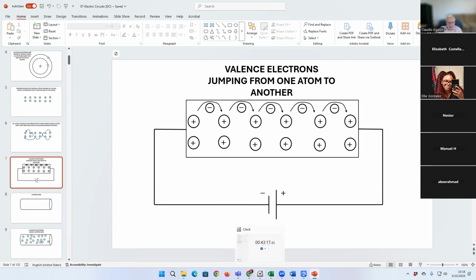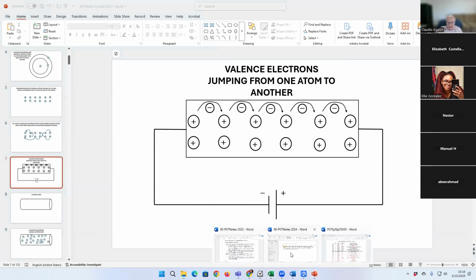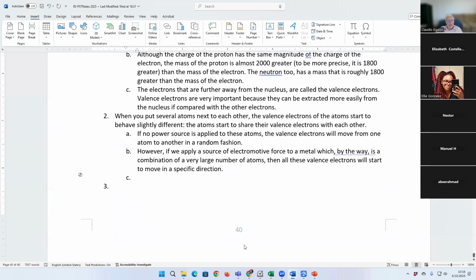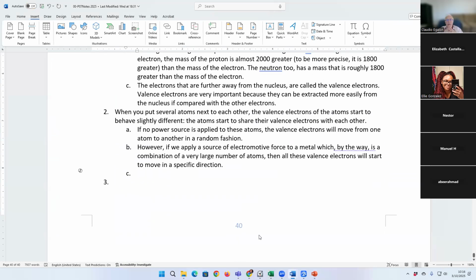So here you go. When you put several atoms next to each other, the valence electrons of the atoms start to behave slightly different. The difference in behavior is that the atoms start to share their valence electrons with each other.